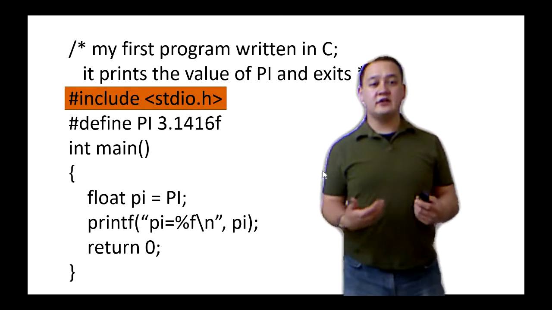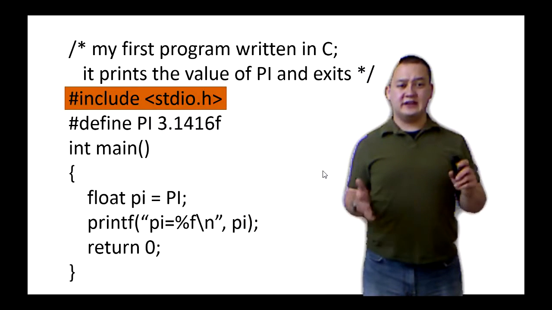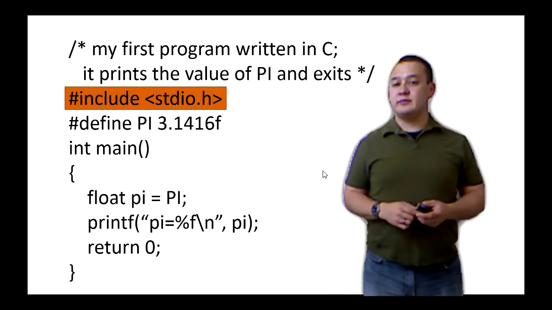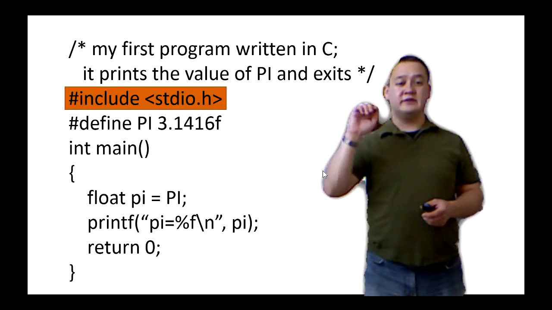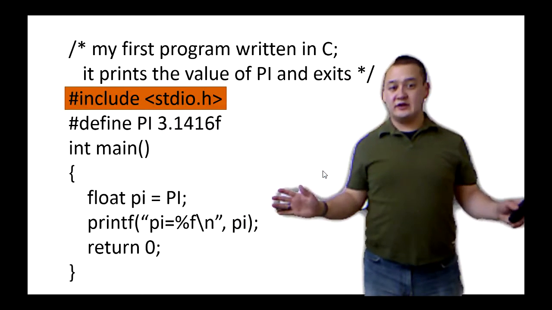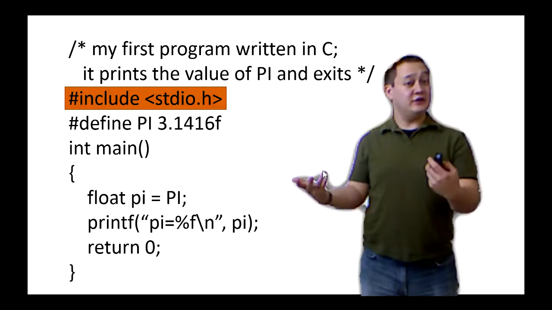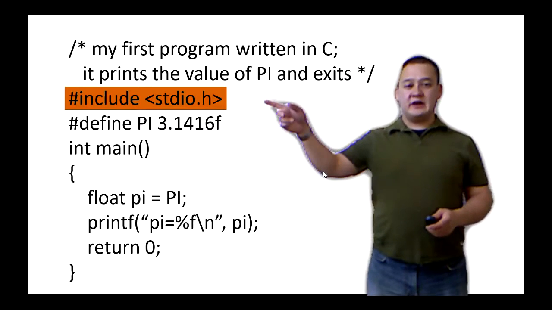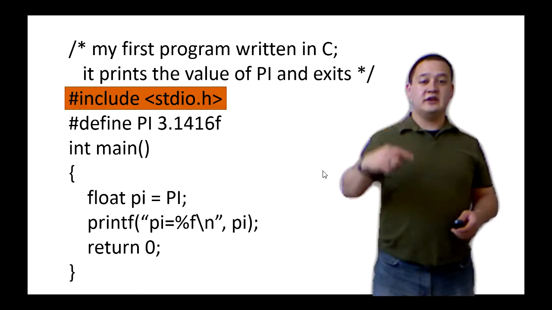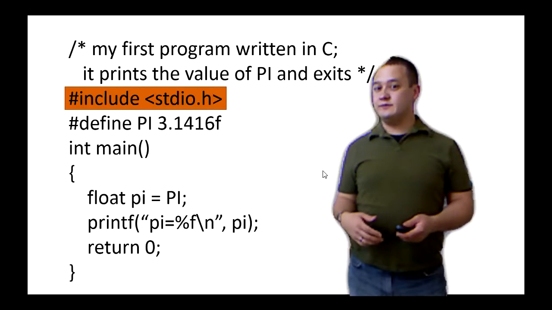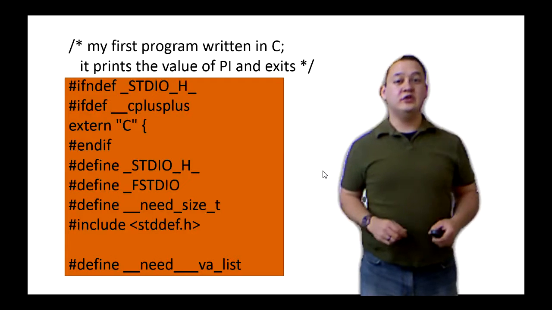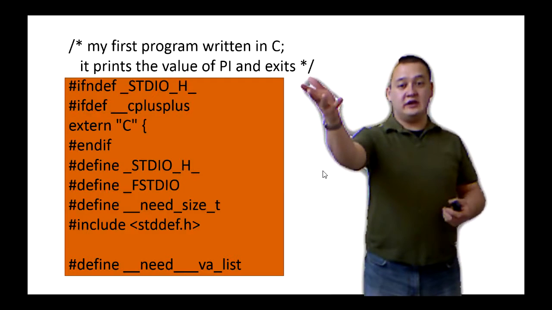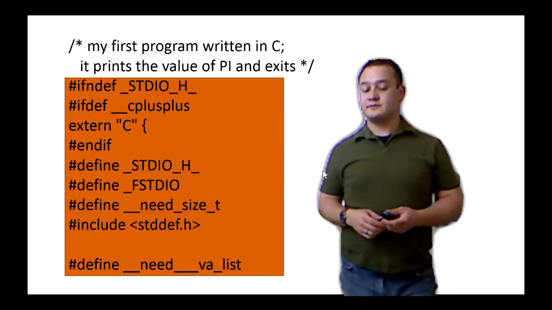The stdio library allows us to do very basic input-output operations in our programs, and it's been written and rigorously tested by someone else, so you don't have to do it. It's great. So the preprocessor will look for some file named stdio.h, and it's going to replace the directive with the stdio.h library.